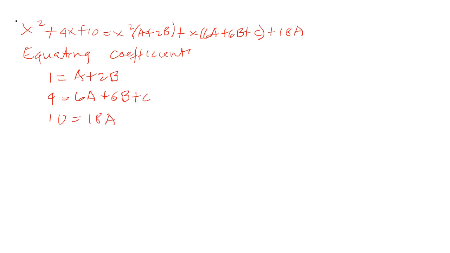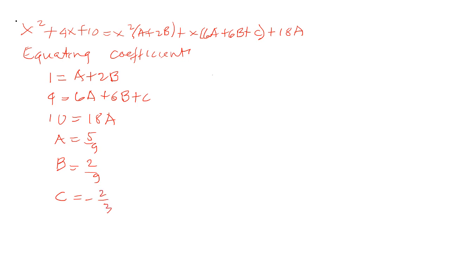Solving these equations, you have A equals 5 over 9, B equals 2 over 9, C equals -2 over 3.